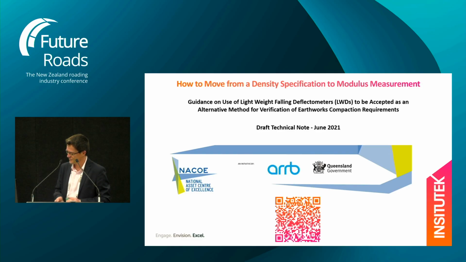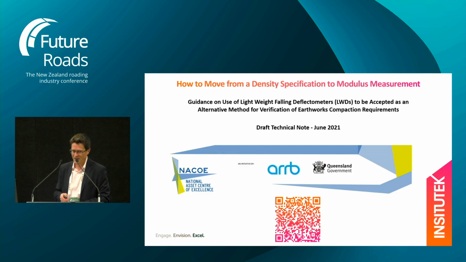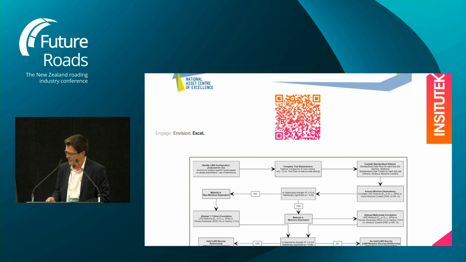It has charts in it like this, which is essentially a how-to guide. So for example, is my material sensitive to moisture? Yes, take this path. If it's not sensitive to moisture, then take this other path. If you want to grab that link, once again, it's a really valuable standard. Okay.